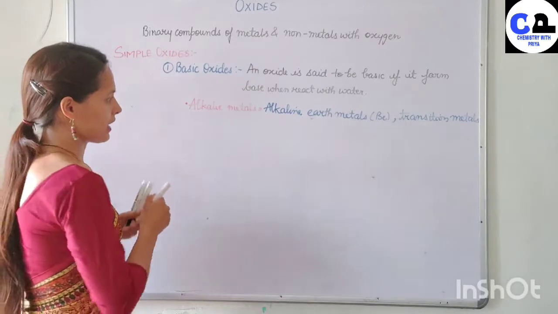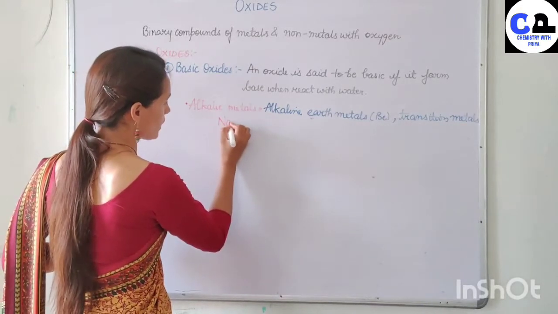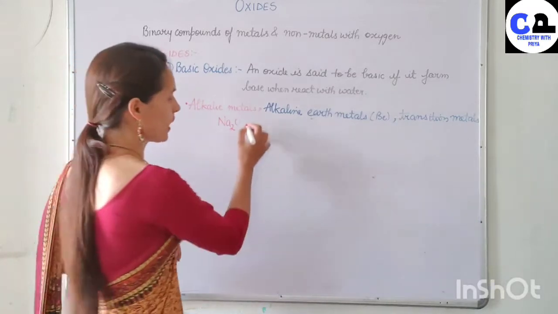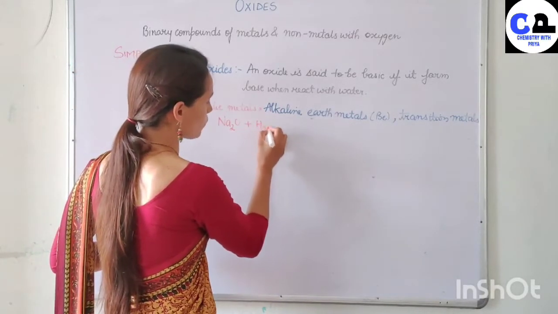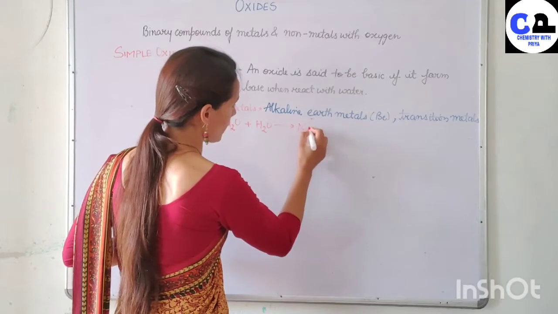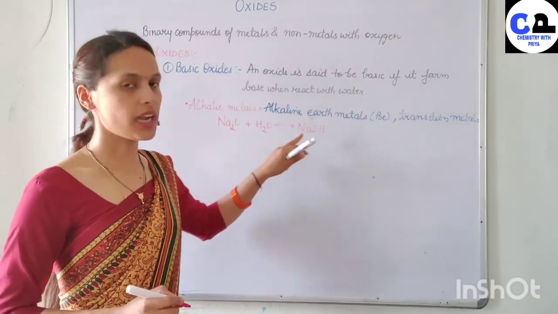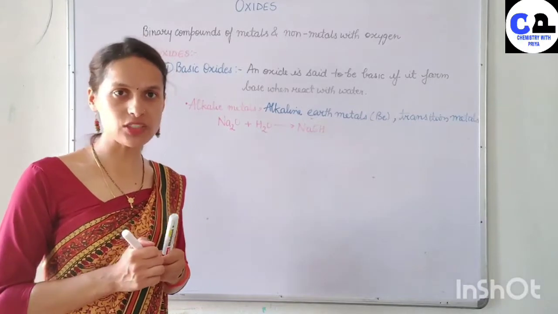So let us take an example. Suppose I have Na2O. Now Na2O is an oxide of an alkali metal. When this Na2O reacts with water, it forms NaOH.